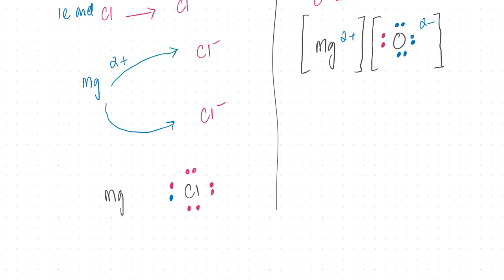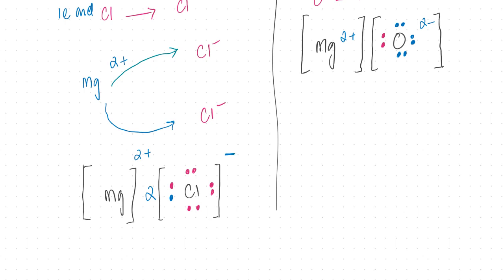So let's try drawing the brackets around. That's one bracket, that's another bracket, that's one bracket, that's another bracket. Now to make it neater and skip a step to draw another one, we just put a 2 over here. You have magnesium 2 plus with 2 chlorine ions, each having a negative charge.